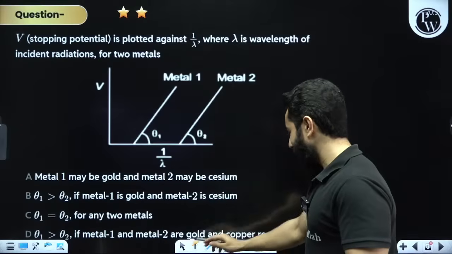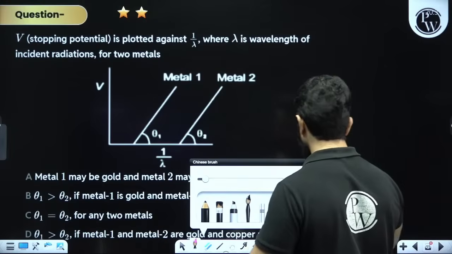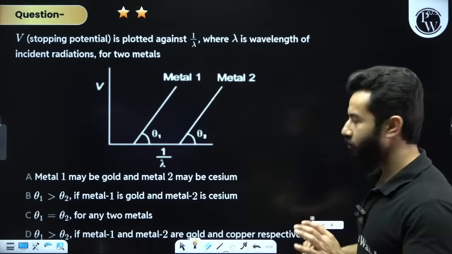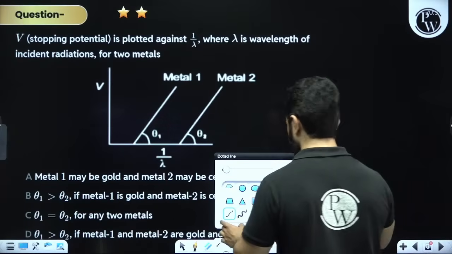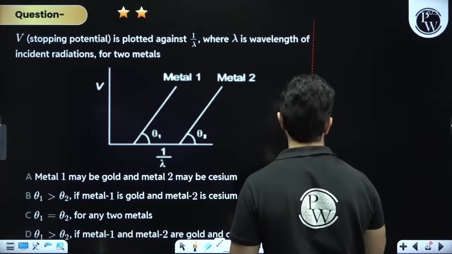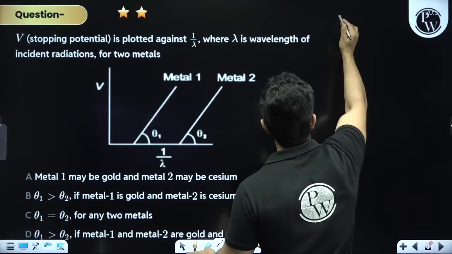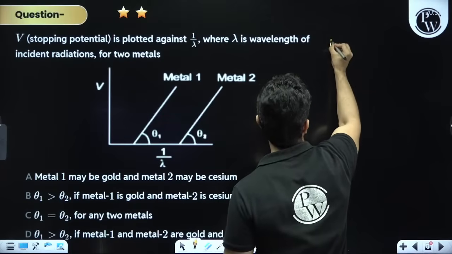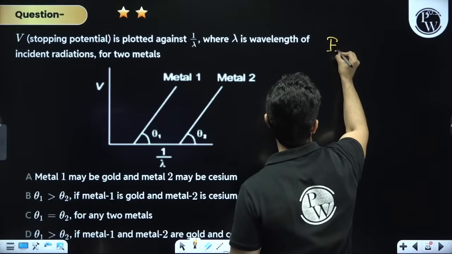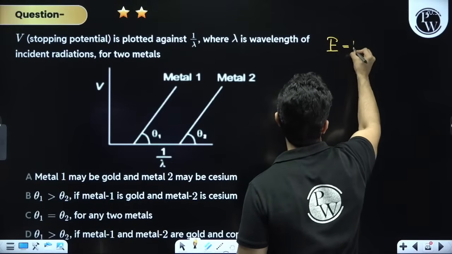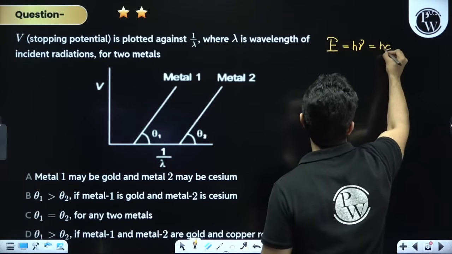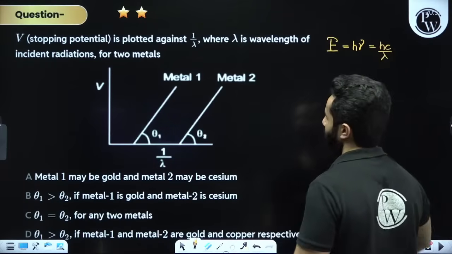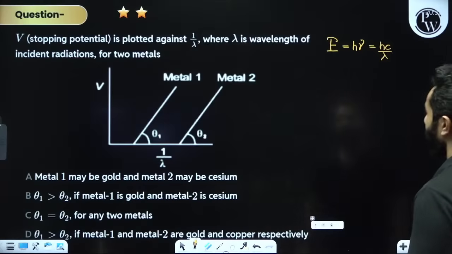Photoelectric effect basically says that first of all, please pay attention, if incident radiation has, let's suppose, energy h nu or hc by lambda. It has got energy as hc by lambda.